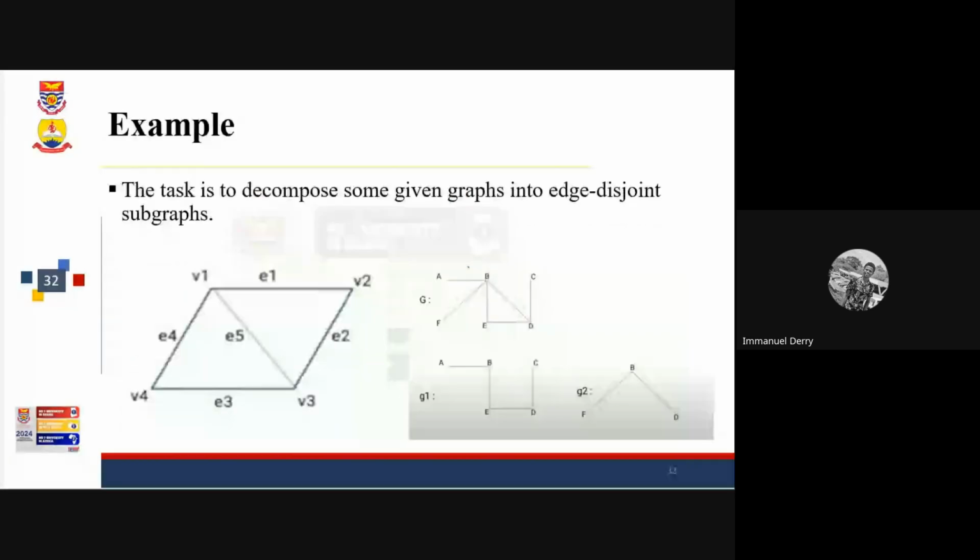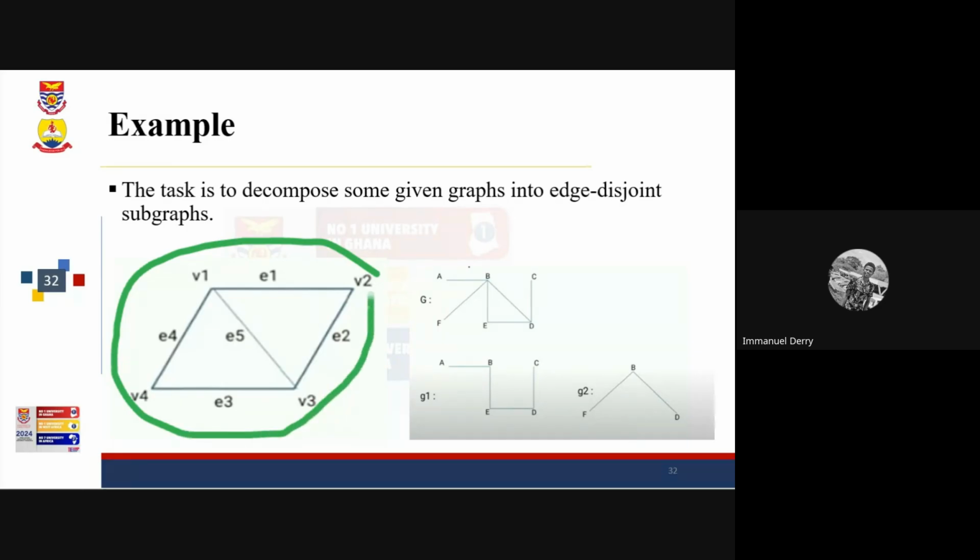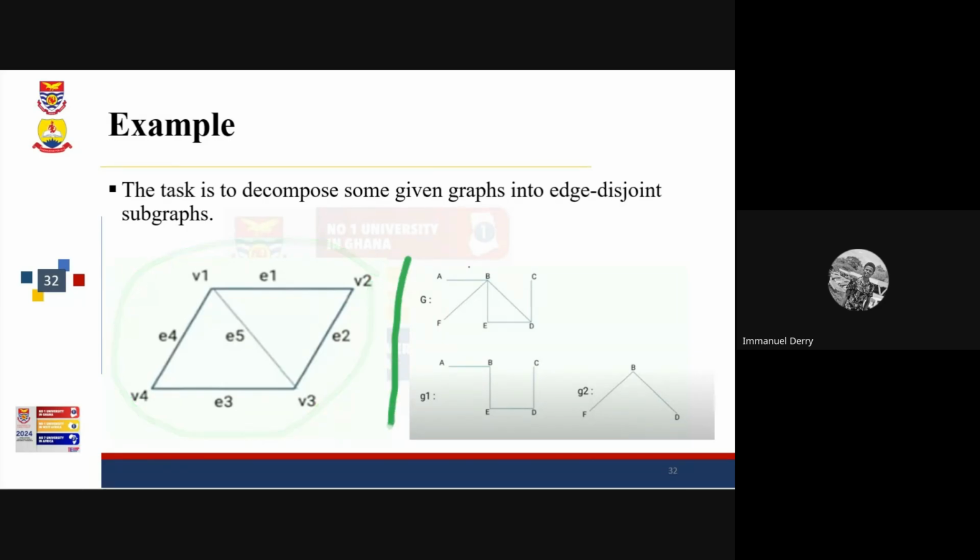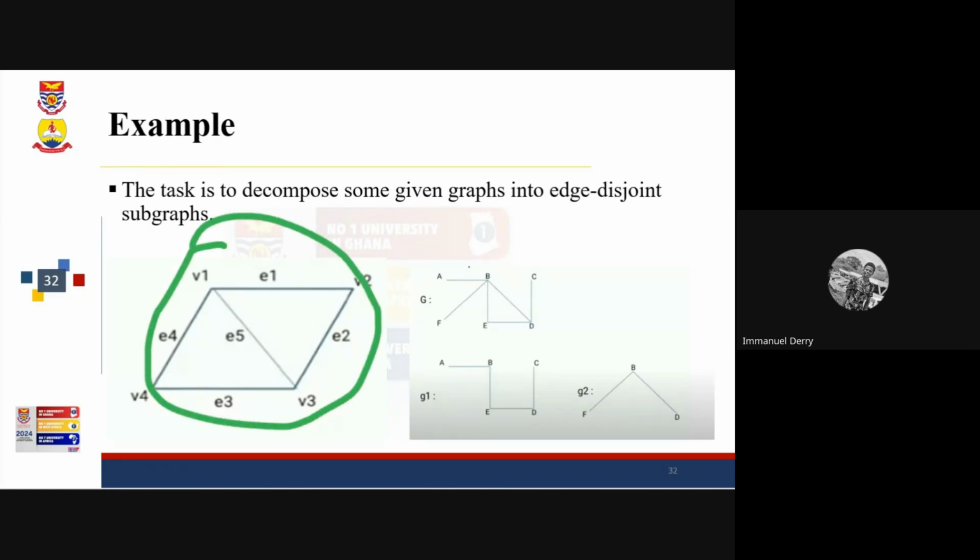And we have some examples over here. So this is the entire graph that's been given to us. And this is how the graph is decomposed. It basically means that if we add this and this together, we are supposed to get the same graph as this one here.